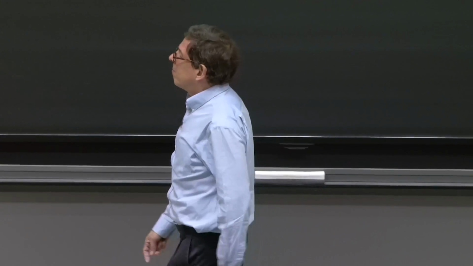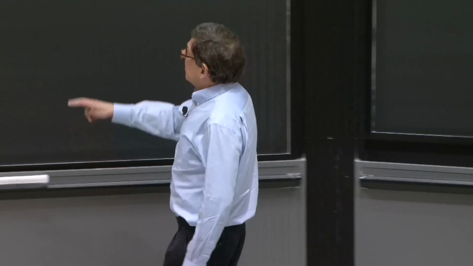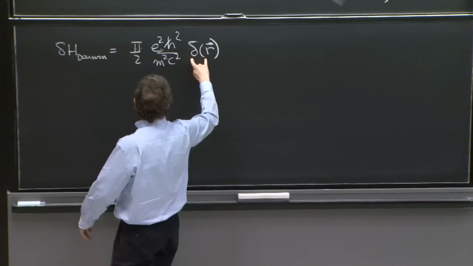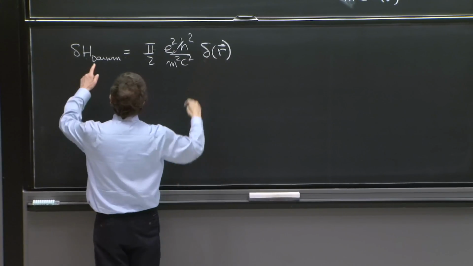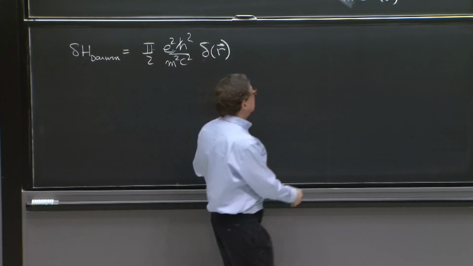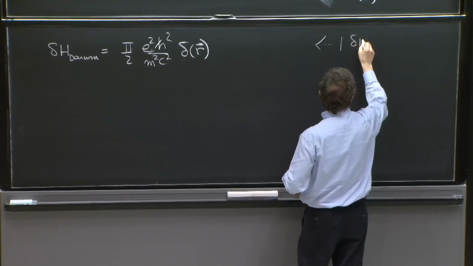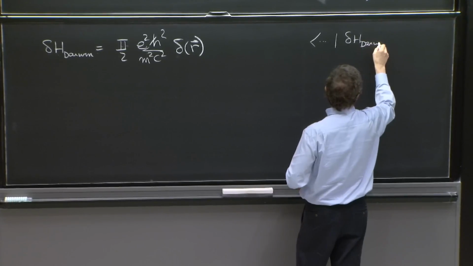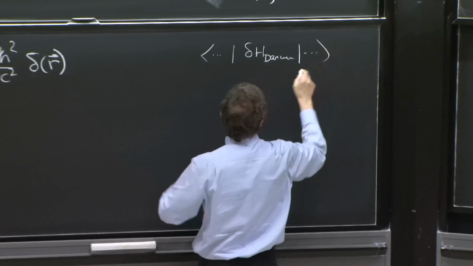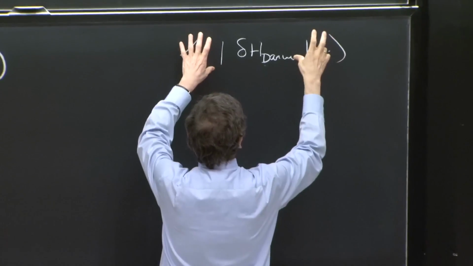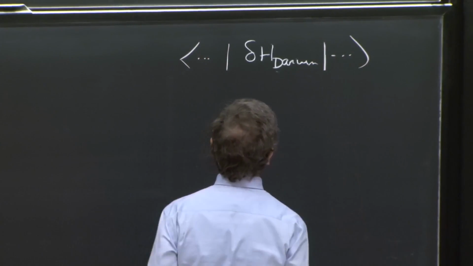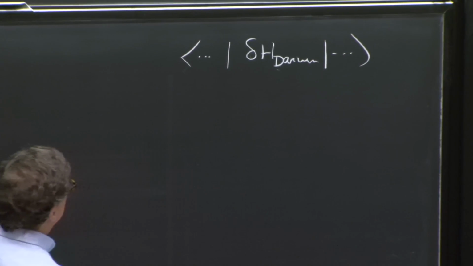So this will pick up the value of the wave functions when you have two states, arbitrary state 1 and state 2, and delta H Darwin here. There are two wave functions that you're going to put here if you're trying to compute matrix elements of the perturbation.